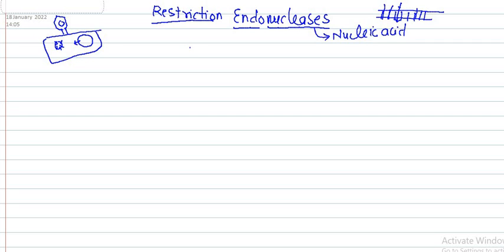Now we will see some examples and name some restriction endonucleases. Number one, the most important, is EcoR1. About the nomenclature of restriction endonuclease, it is clear that it was isolated from the bacteria Escherichia coli RY13 strain.